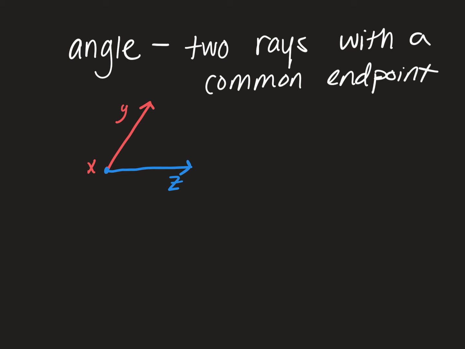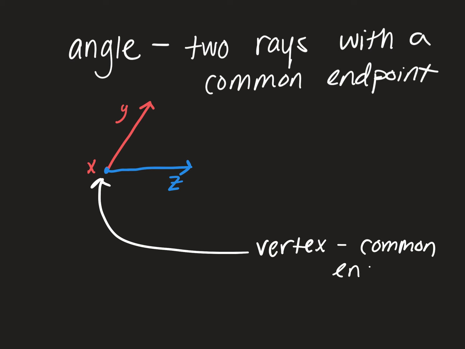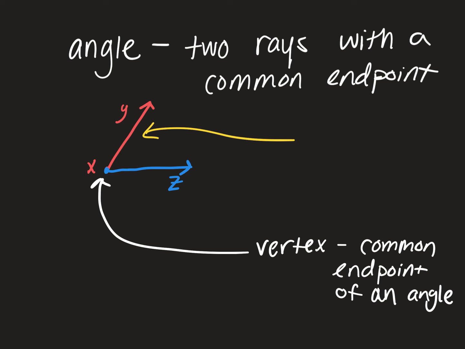Their common endpoint is called the vertex. So that's the common endpoint of an angle. And then the two rays that make that up are called the sides.